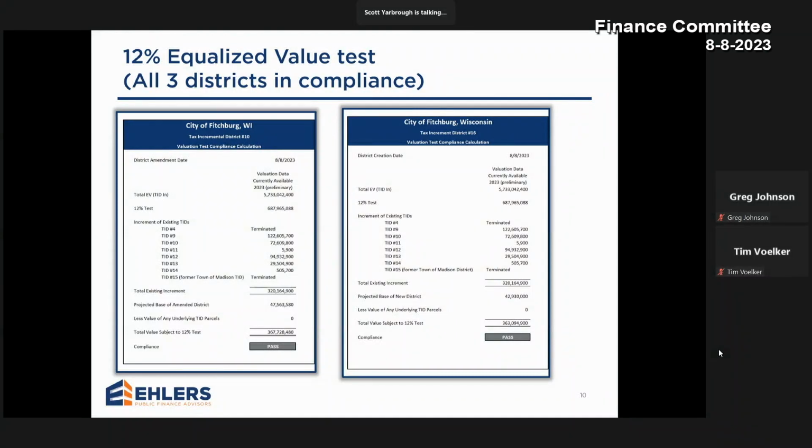That combined total cannot exceed 12% of the city's total equalized value. That test is made independently for each of these TIF districts, and all three satisfy that test, which just means legally the city is in position to create that district. We did update this test based off of the preliminary equalized values as of January 1, 2023 that were released last week.